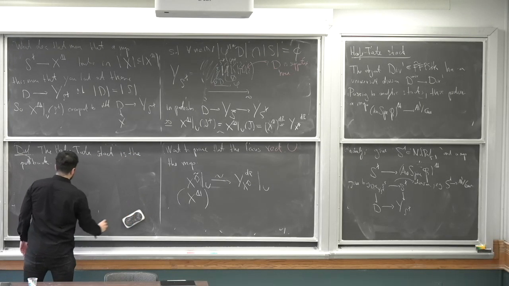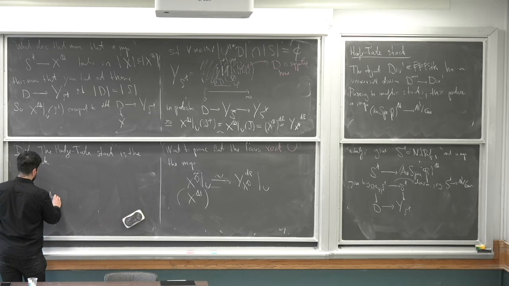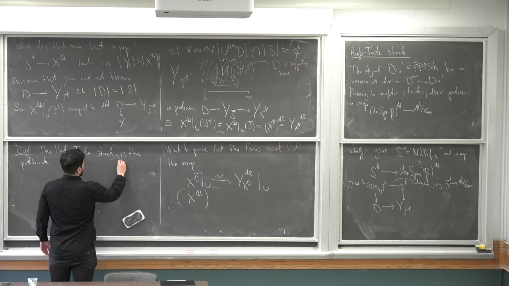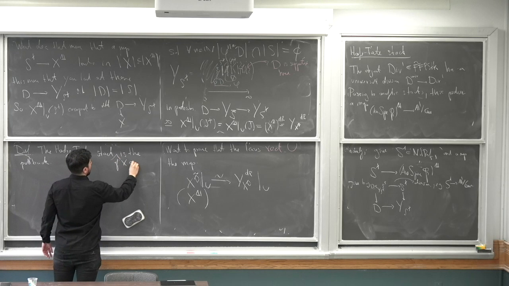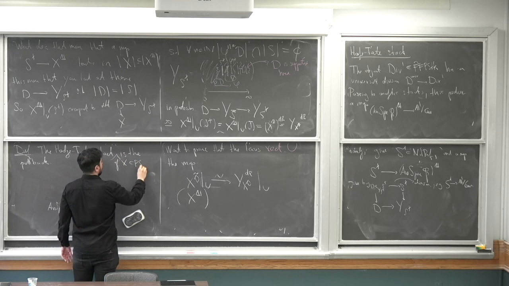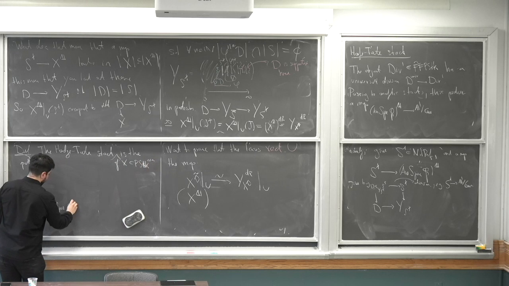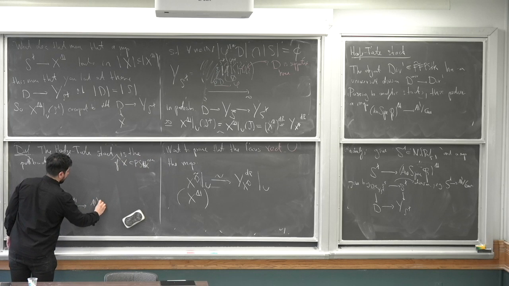Well, we have, say, X, one of these stacks. We have the prismatization of P mapping to A1 mod Gm.